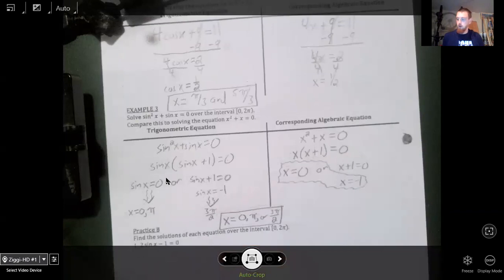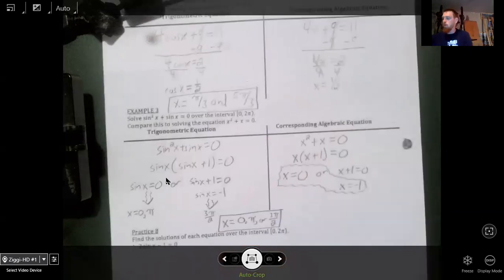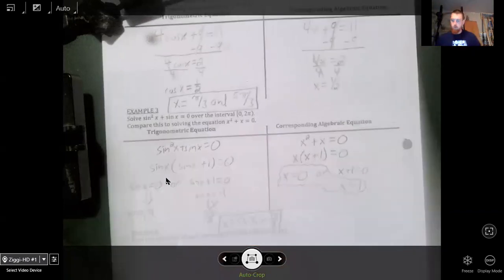All right, okie dokie. We're going to solve one more together. Here are some helpful hints for you. You can do example 4 and practice C with a greatest common factor factoring.